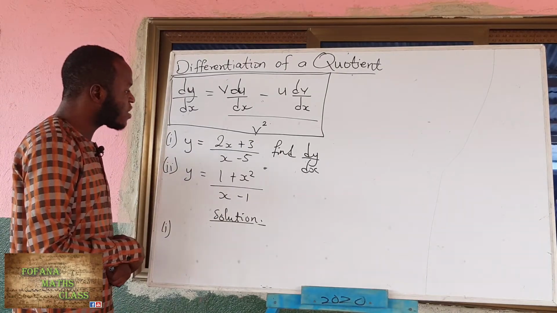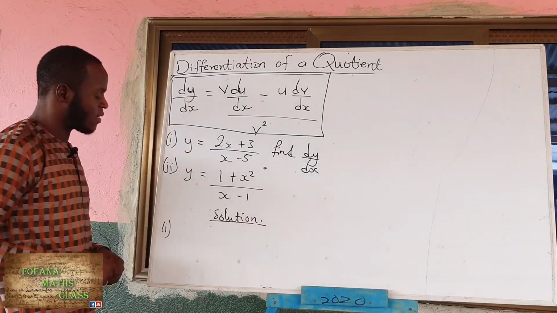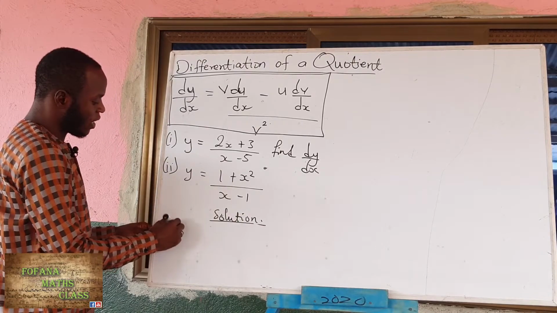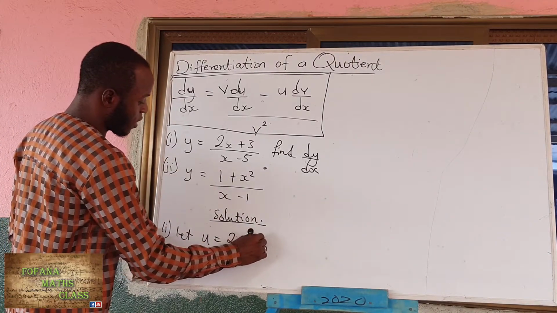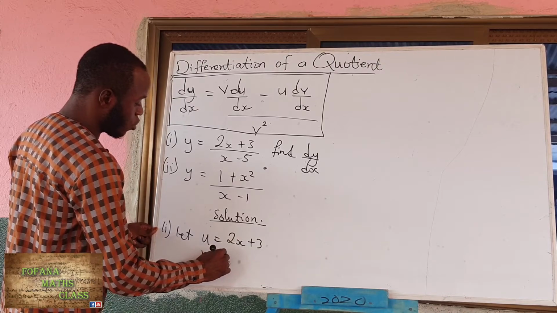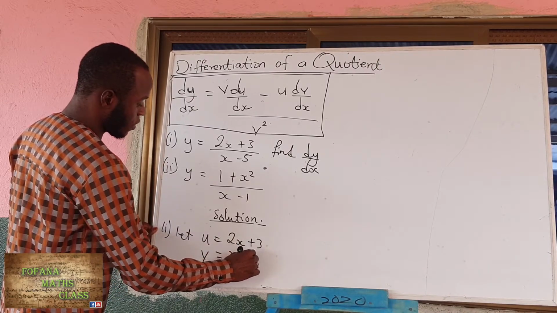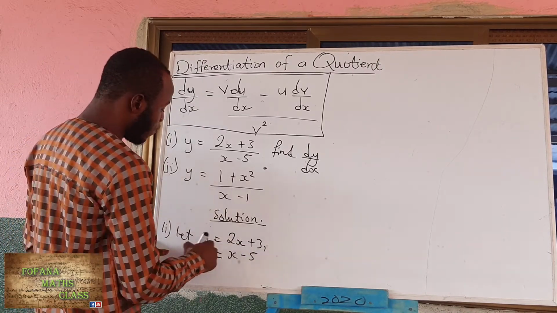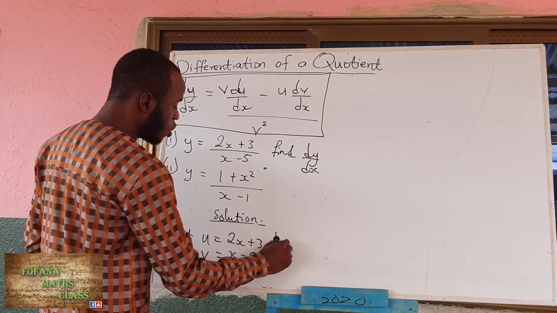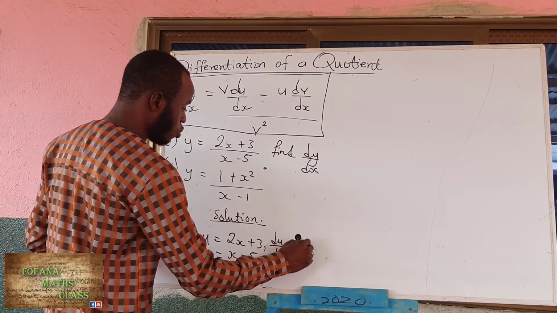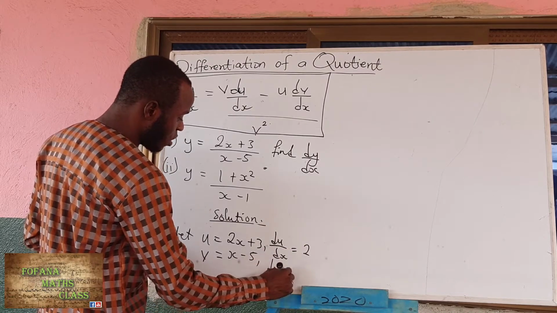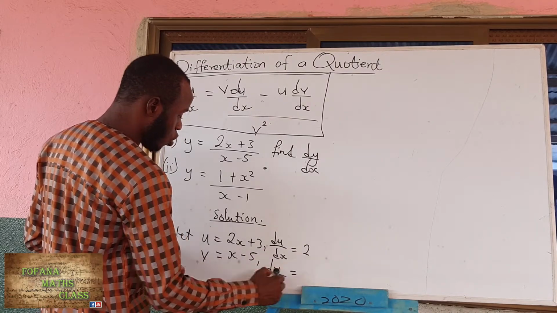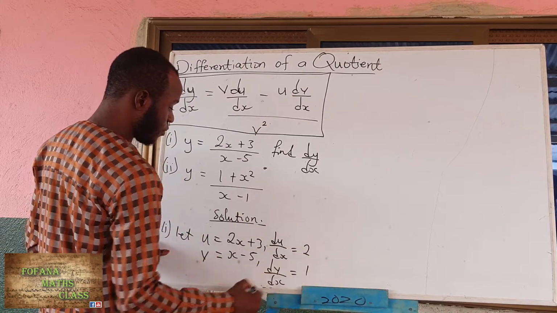For the first question, using the formula, we let u equal 2x plus 3 and v equal x minus 5. When we differentiate u, we obtain du/dx equals 2, and when we differentiate v, we obtain dv/dx equals 1.